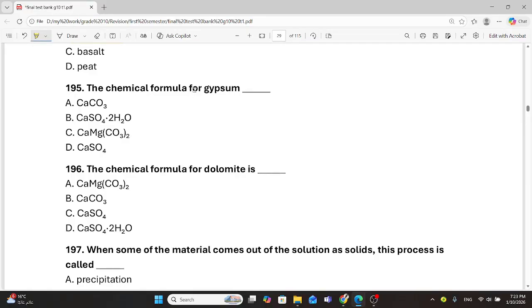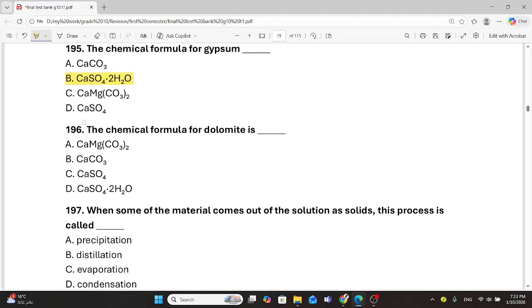The chemical formula for gypsum is calcium sulfate plus two water, meaning CaSO4 plus 2H2O.